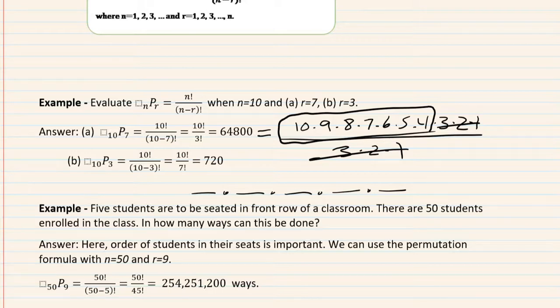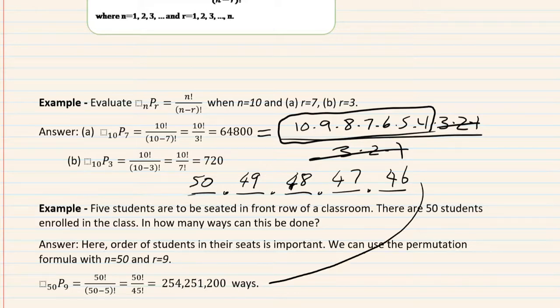And again, if you go by the fundamental counting principle, there's 50 ways for the first seat, 49 ways to seat the next student. Once those 2 students are seated, only 48 are available for the next seat, and 47, 46. There you go. That's going to be the answer. And the answer to that product is 254 million ways of doing it.